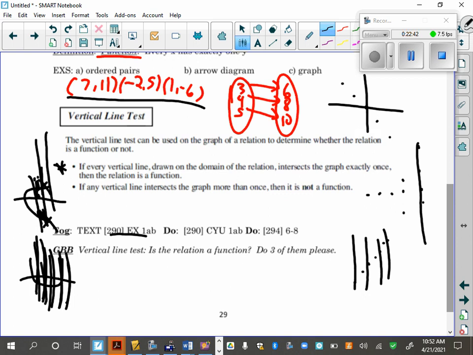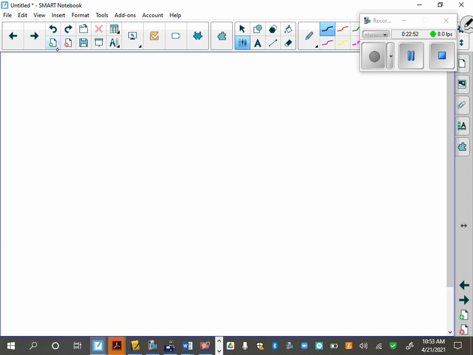Okay, so now let's do these ones, and you don't have to. This is check your understanding. It gives you the answer. So let's just do it here. Tell me whether this is a function or not a function, and write it down.